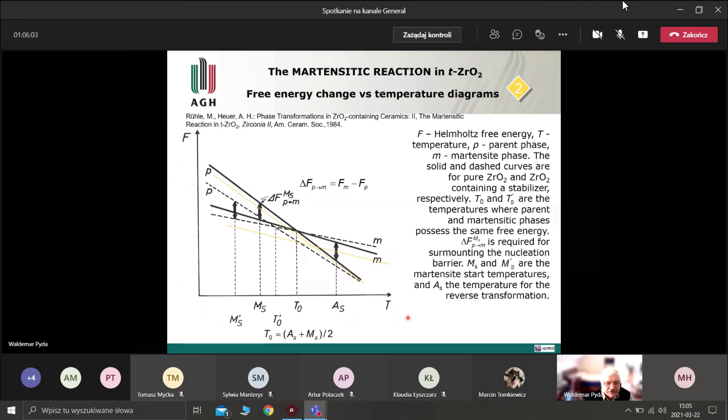Okay, it's not possible to overcool the tetragonal phase, which shows a lower Helmholtz free energy at temperatures higher than T0.